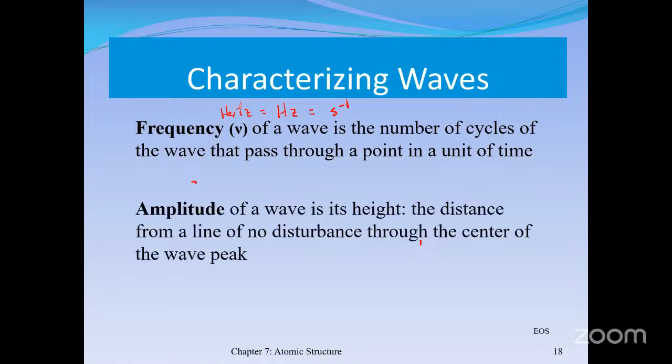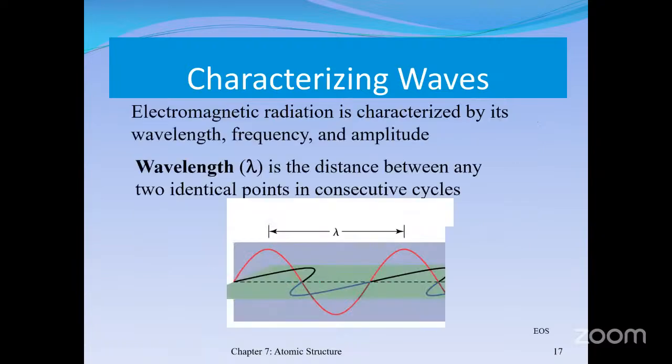Okay, so another characteristic of a wave is the amplitude, right? Which is basically the distance between a line of no disturbance through the center of the peak of the wave. So if we're talking about this wave here, the amplitude would be this displacement right here, from here to here.